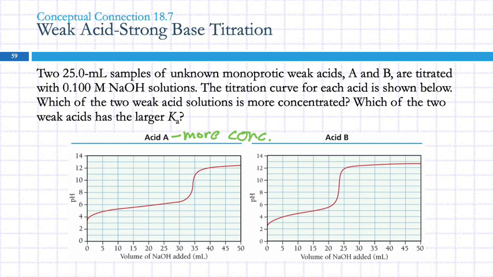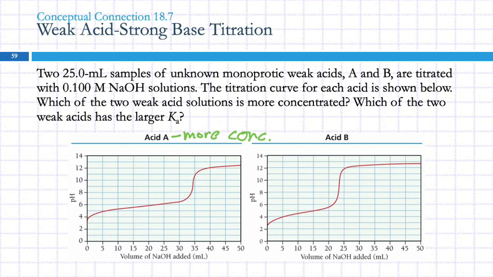Which of the two weak acids has the larger Ka? So this one's harder to think about. We just did a calculation where we calculated the pH at the equivalence point. We could look back at that and see, well, if the Ka was larger, what would that do to the pH?